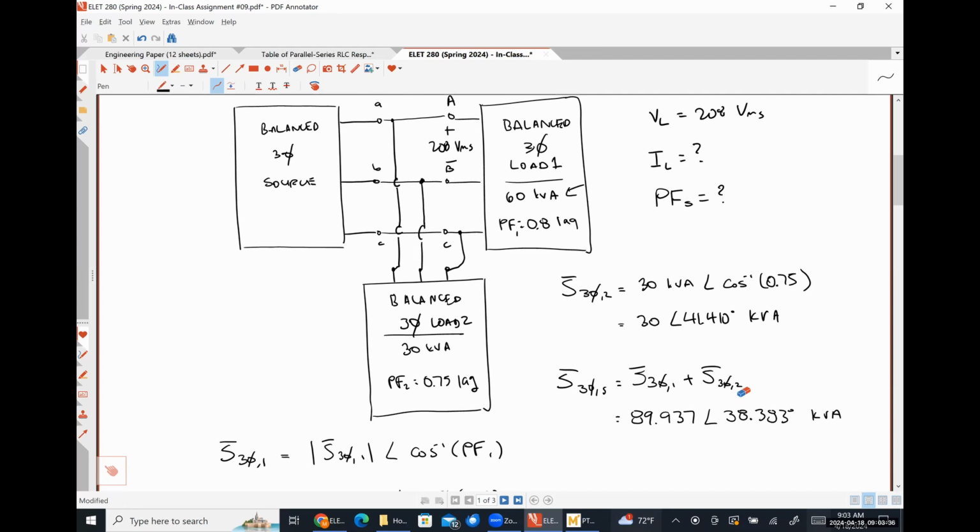So I believe that we have enough information to solve for IL and for the power factor of the source. So somebody tell me how to do one of those.